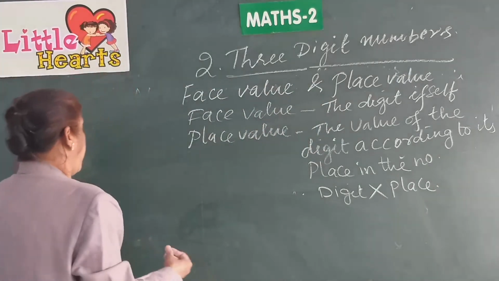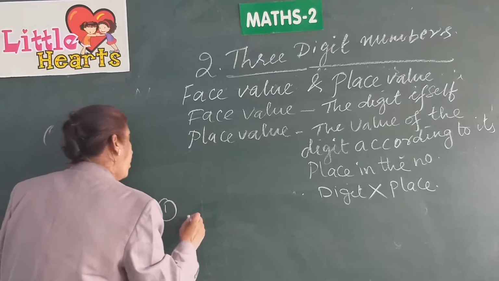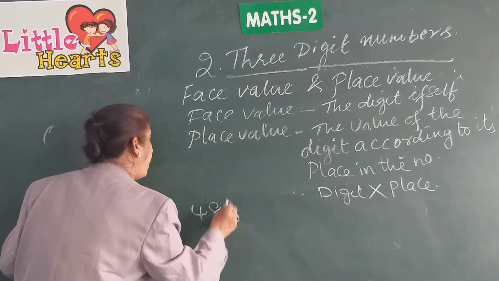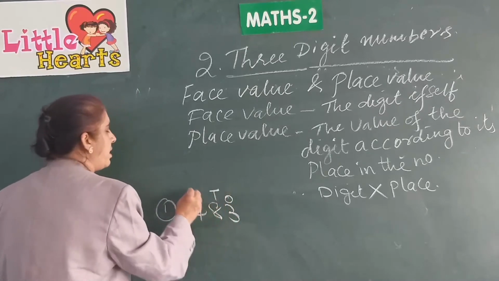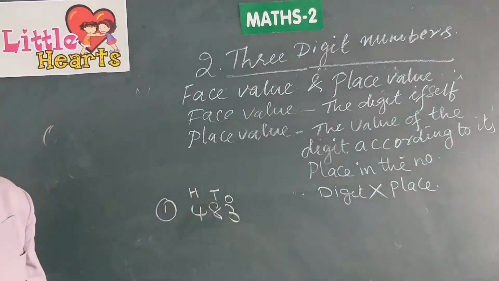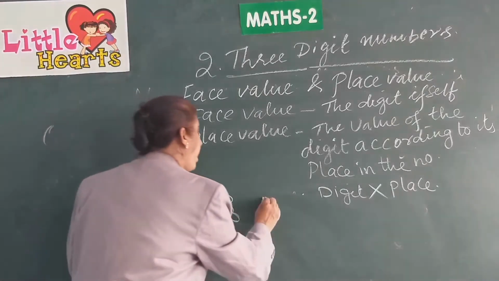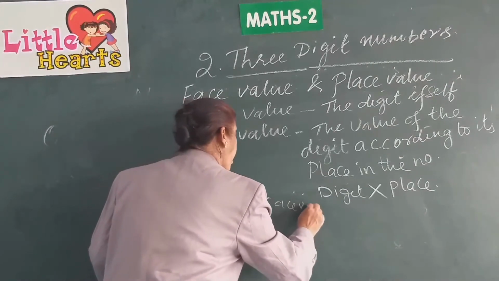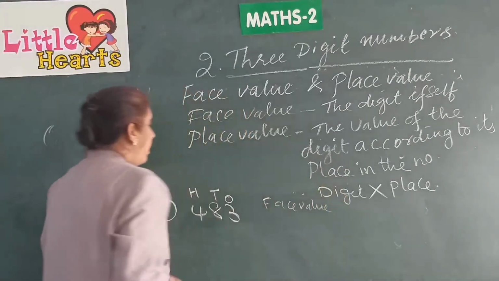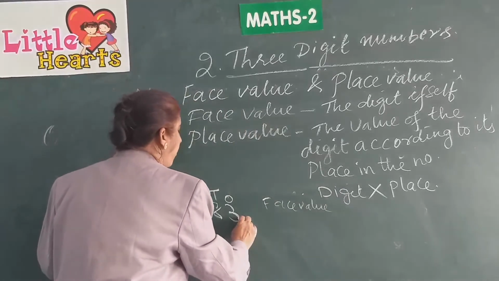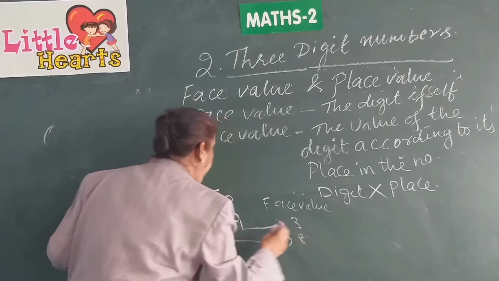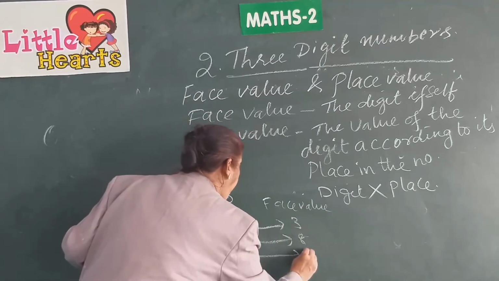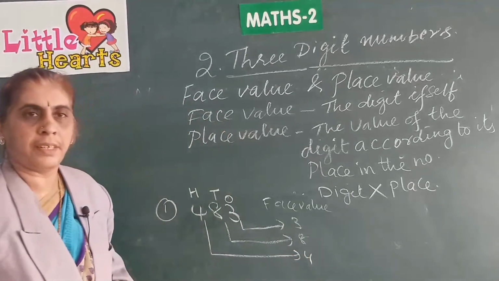Now let us see 483. 3 is in ones, 8 is in tens, 4 is in hundreds. So the face value is the digit itself. Face value of 3 is 3, of 8 is 8, of 4 is 4, just as we read it.